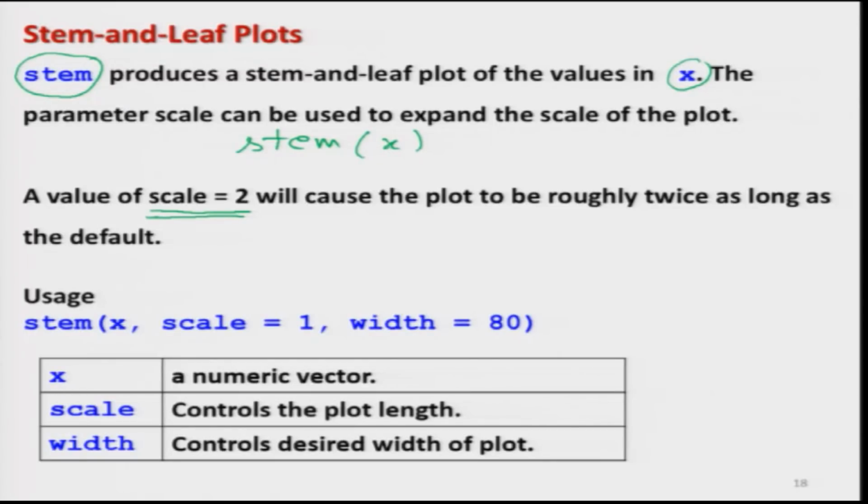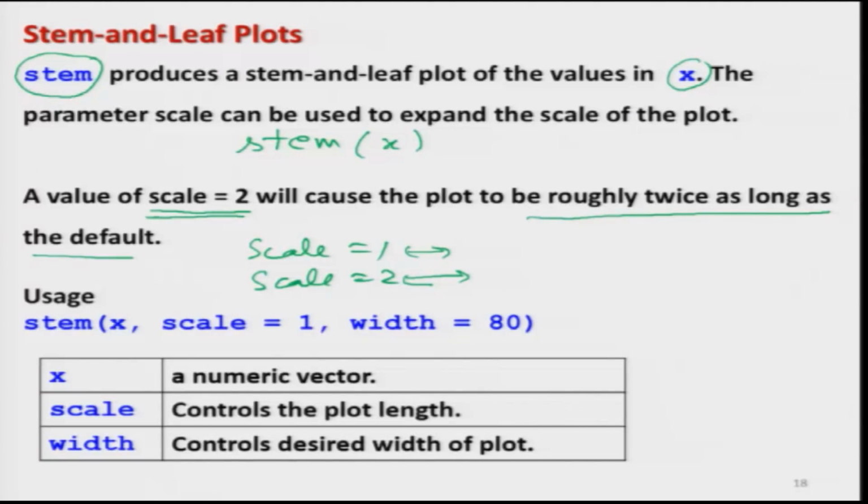If I choose scale equal to 1 and scale equal to 2, then choosing 2 will give me a stem and leaf plot which is roughly twice as long as the default value, which is scale equal to 1.